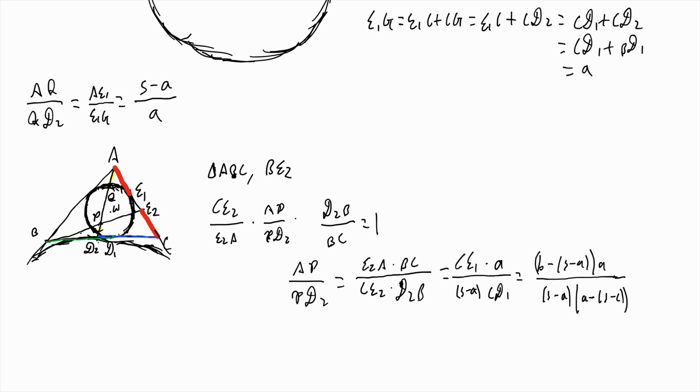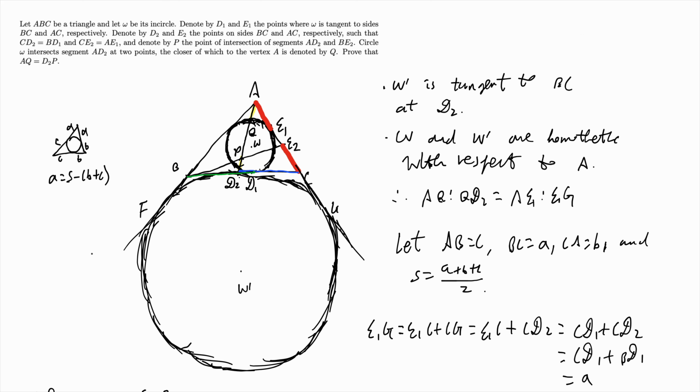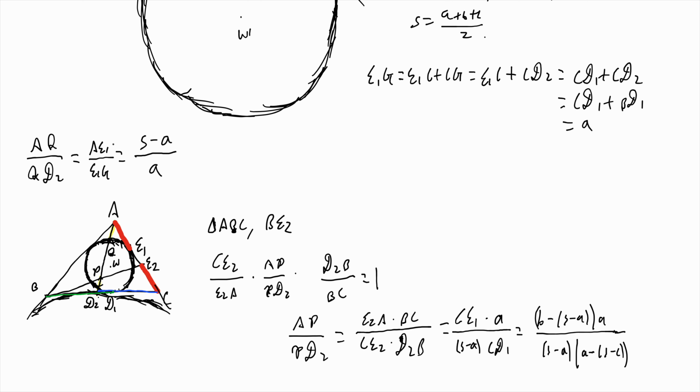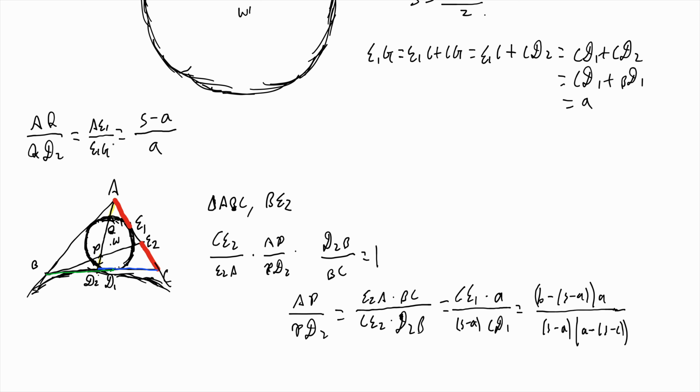Let's look at B D sub 2 again. B D sub 2 is equal to. Wait, what did our problem say? B D sub 1. Wait, so it is true. So B D sub 2 is actually equal to C D sub 1. That is correct.